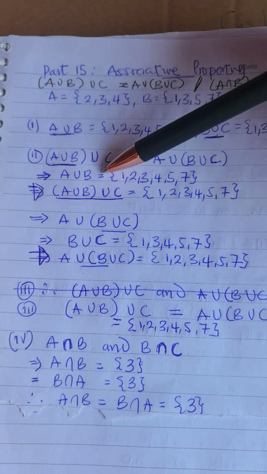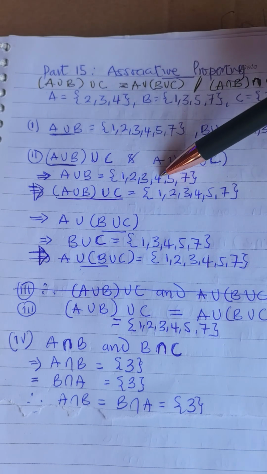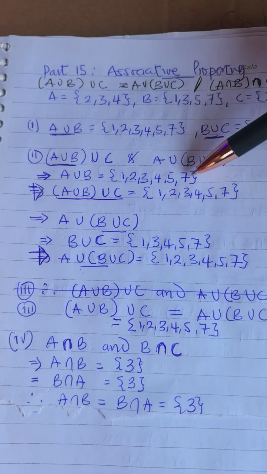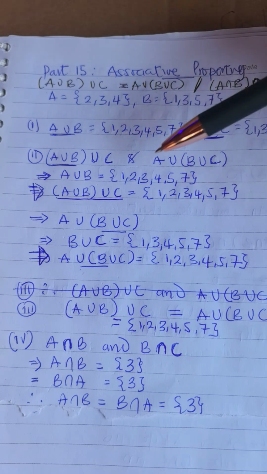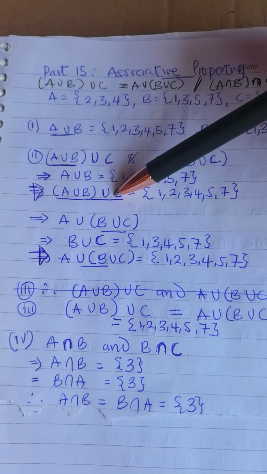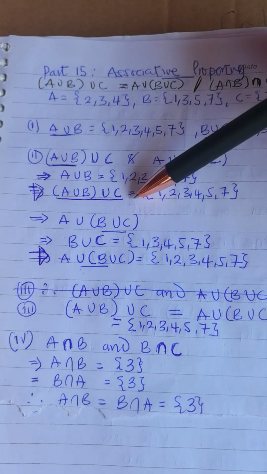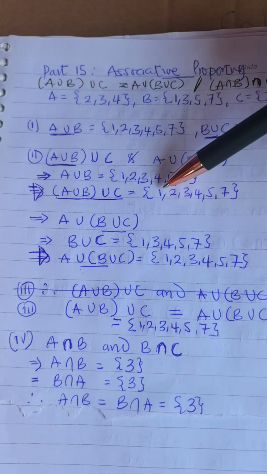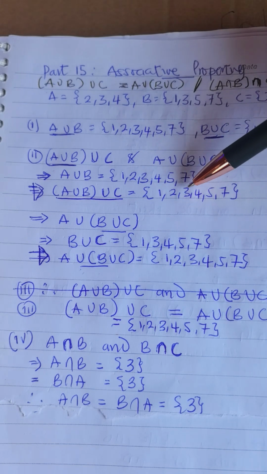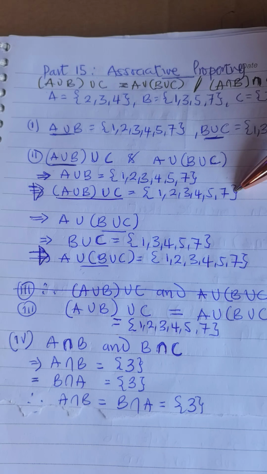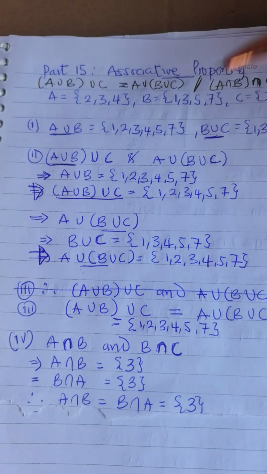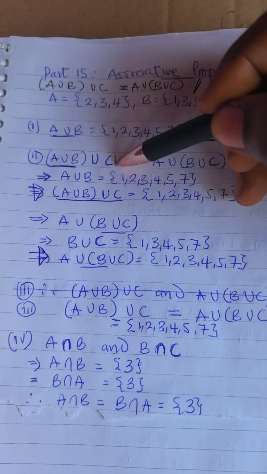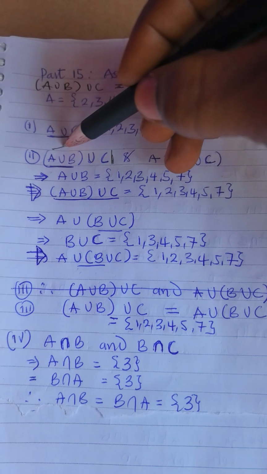So A union B is 1, 2, 3, 4, 5, 7. Now that we have this, let's bring down the union C. Combining, still combining. 1, 2, 3, 4, 5, 7. So now you get the answer. So now we have dealt with this whole side.